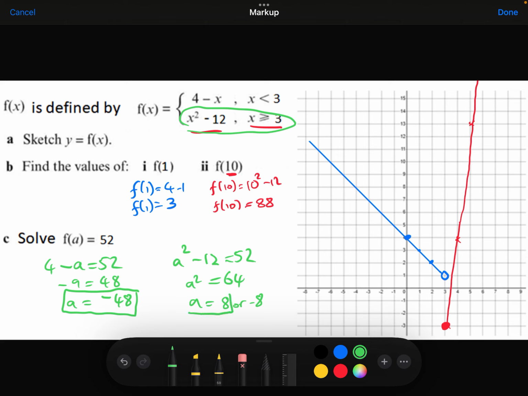The 8 is a valid solution because the quadratic is valid when x is 8. But the minus 8 is not a valid solution because the quadratic equation is not valid for values that are less than 3. So my two values of a are minus 48 and 8.